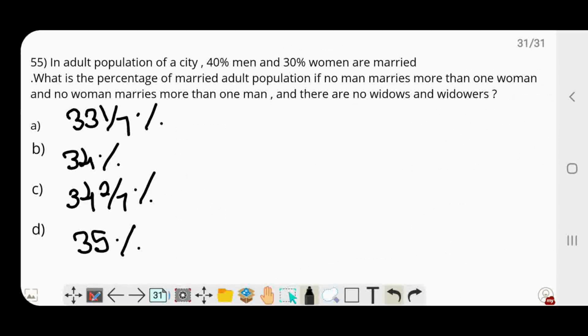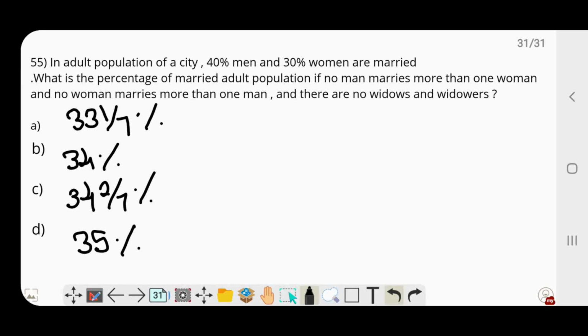The 55th question. In the adult population of a city, 40% of men and 30% of women are married. What is the percentage of the married adult population if no man marries more than one woman and no woman marries more than one man, and there are no widows and widowers?